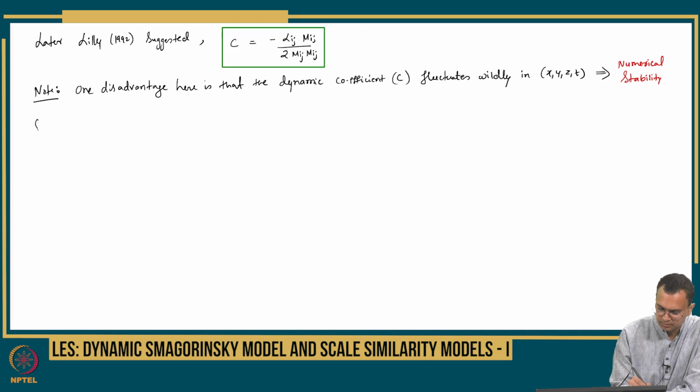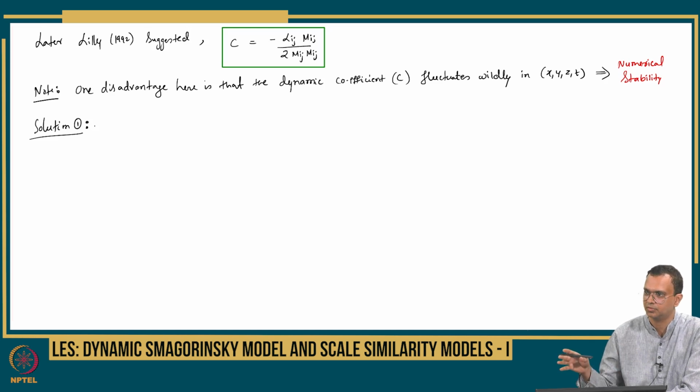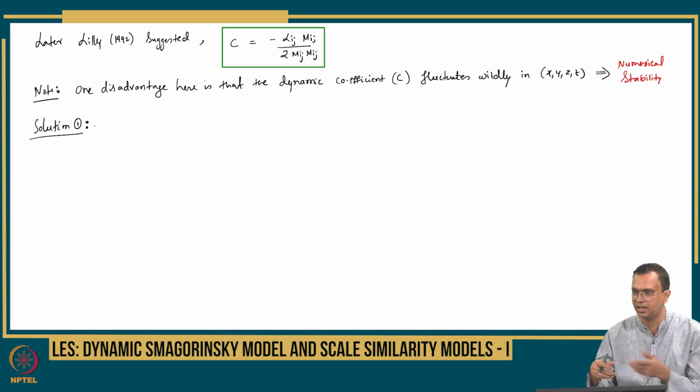So solution one is to average this C along, let's say if you are fortunate to have a homogeneous direction, let's say in a turbulent channel flow, plane Couette flow, or in a pipe flow, you have a homogeneous direction, like along the flow direction, axial direction, or even in the azimuthal direction in a pipe, or the spanwise direction in a channel. Homogeneous direction, you can average the C. So the C, instead of becoming 3D at a particular time step, becomes either planar data or line data. So some volume averaging is done.